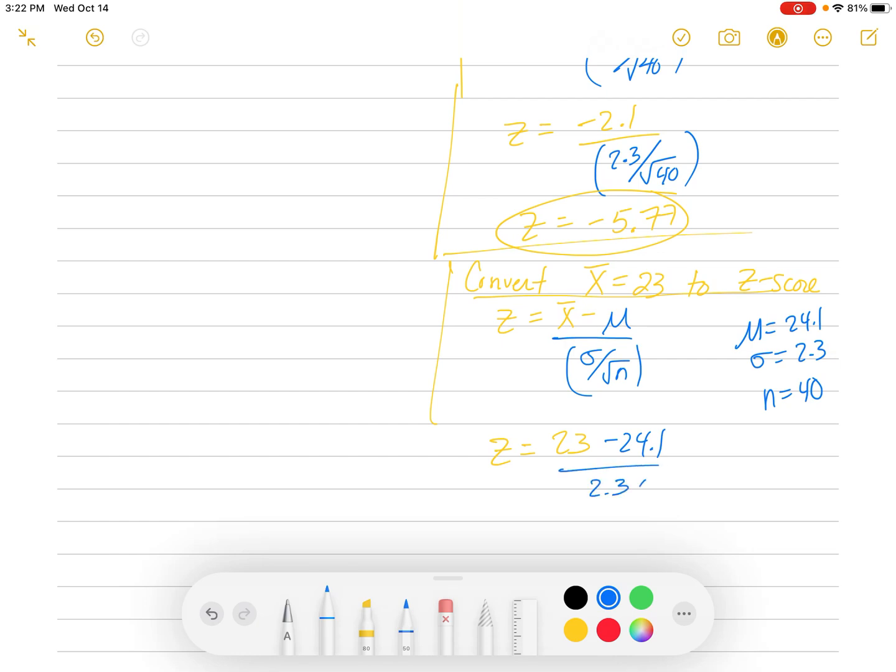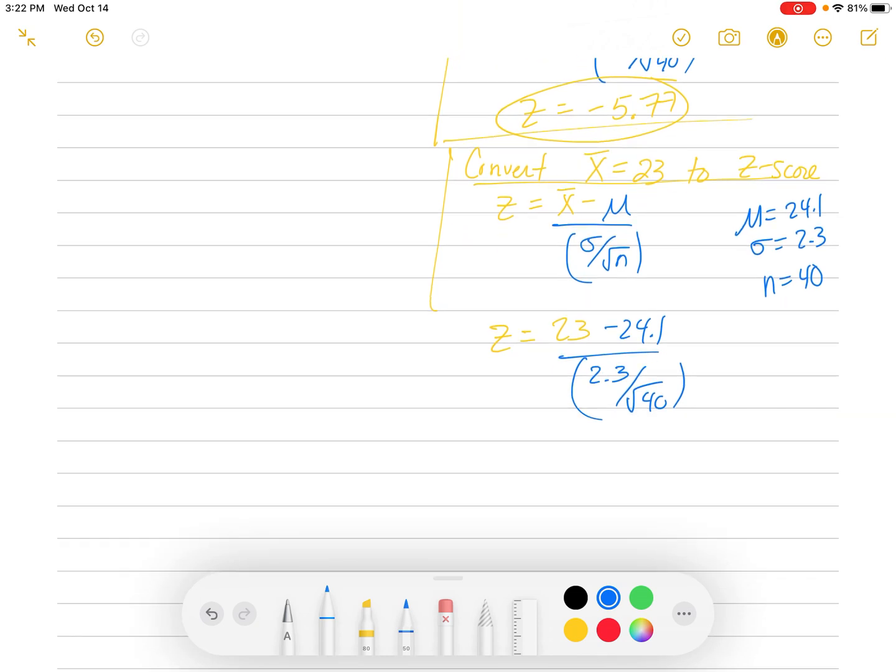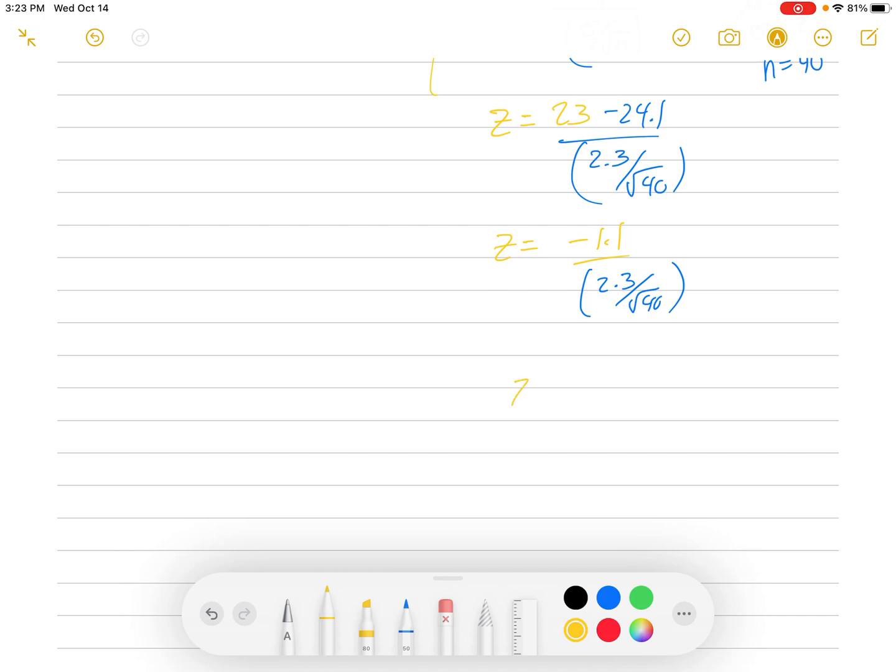Minus 24.1 divided by 2.3 over the square root of 40. Make sure you put parentheses around the bottom there. So what is 23 minus 24.1? It's going to be negative 1.1. So we're going to divide that all by 2.3 over the square root of 40. Keep those parentheses around the bottom. Negative 1.1 divided by the blue bottom, 2.3 over the square root of 40. For that, I got negative 3.02 for a z-score.